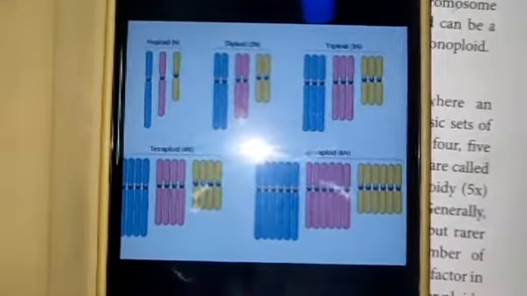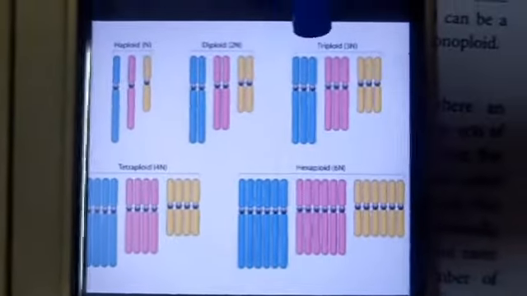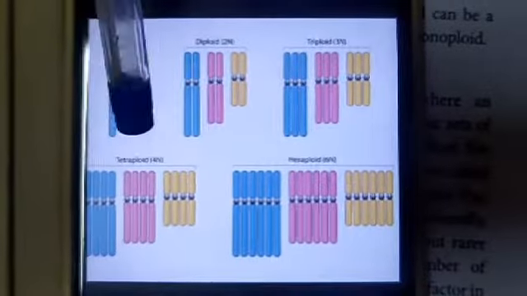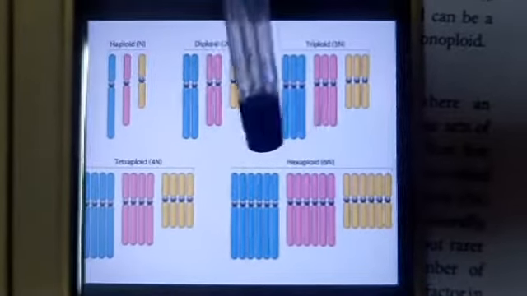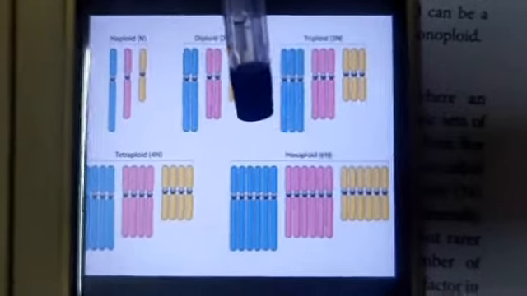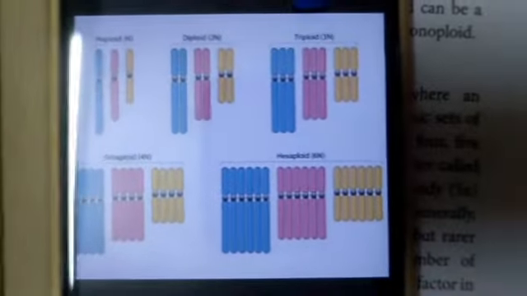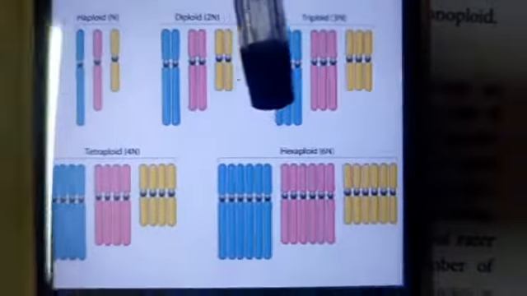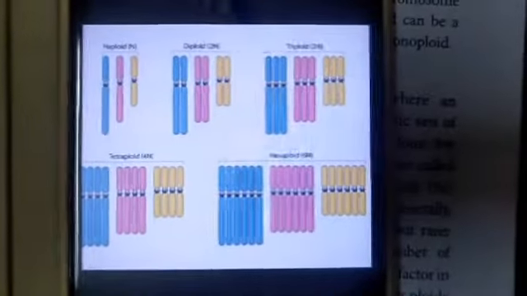If it is polyploidy, it means three, that is triploidy, or four, tetraploidy, or six, hexaploidy. These conditions are called polyploidy.